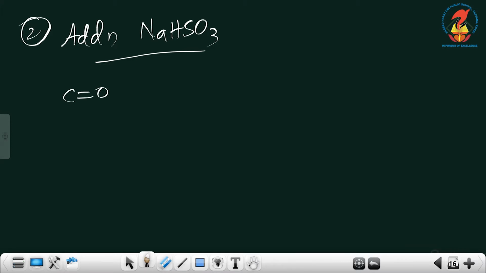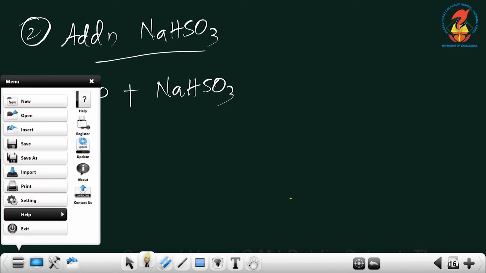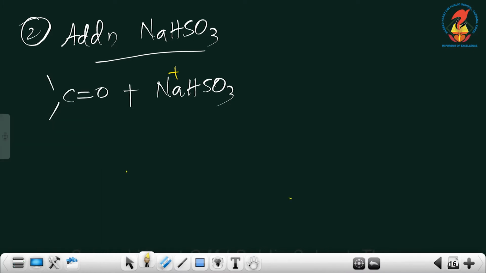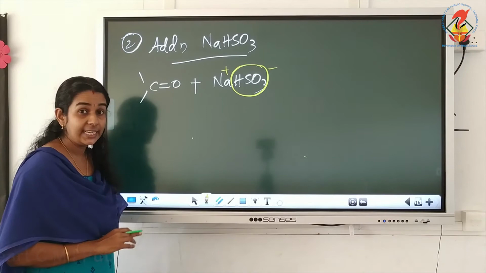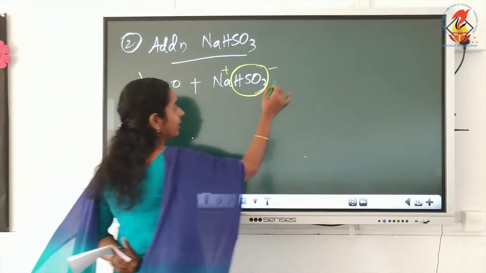How can we write the aldehyde and ketone generally? C double bond O plus NaHSO3. How is the ionization of NaHSO3? Na plus and HSO3 minus. Remember, ionization is as Na plus and HSO3 minus.